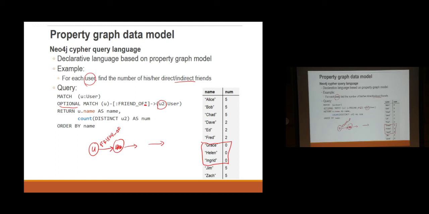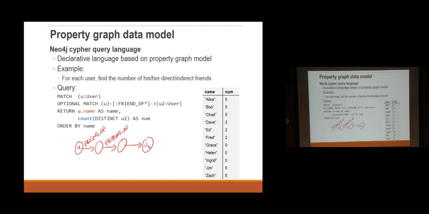This one is nothing, nothing, nothing, and then say U2. And all of this is friends-of. Okay, I should probably not write it that way. You, friends-of someone, friends-of someone, and then friends-of U2.